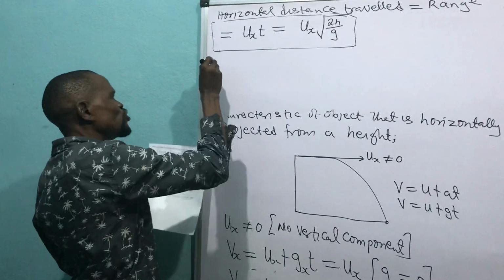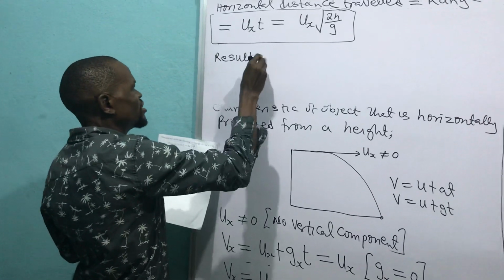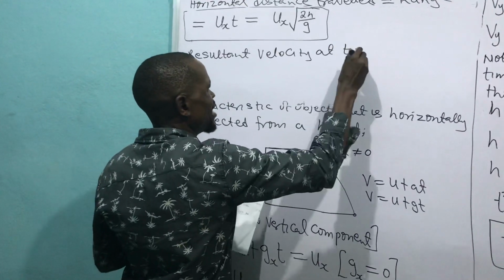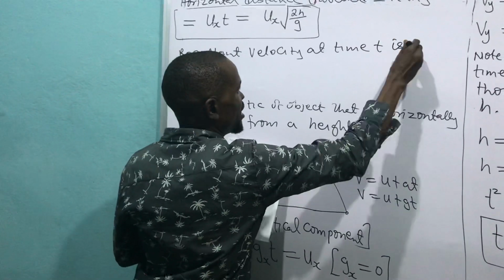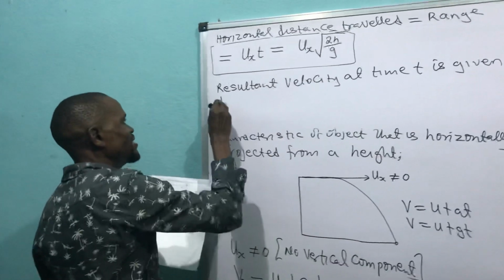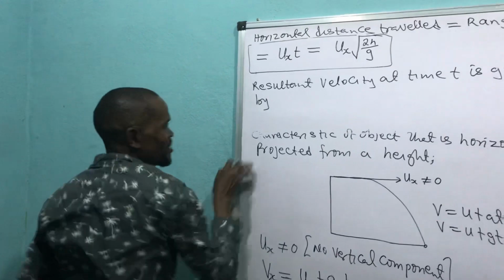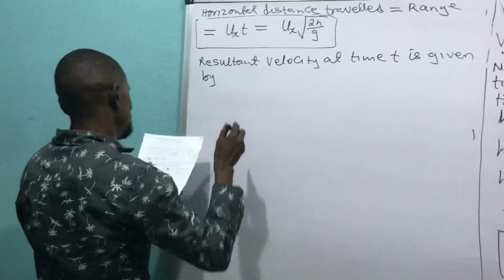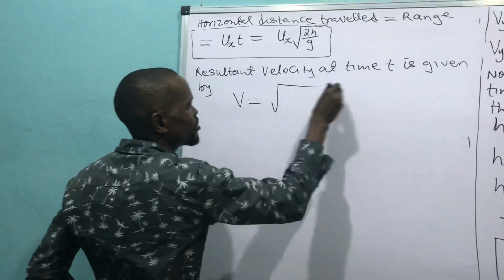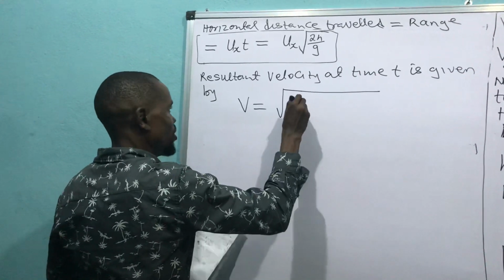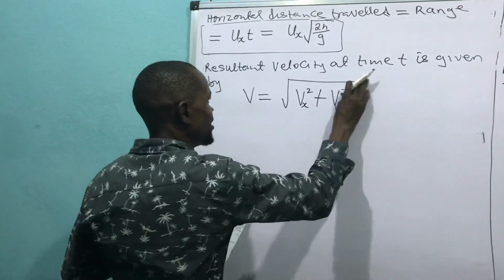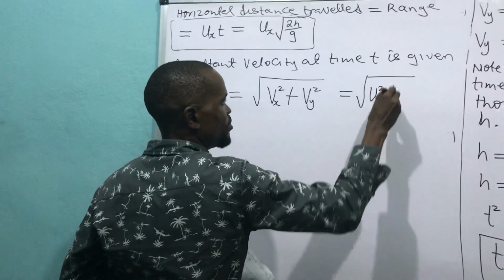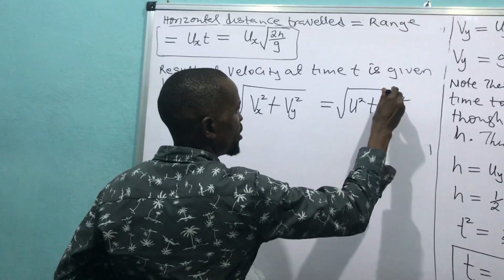Then now, I have again that the resultant velocity at time t is given by v equals the square root of vx squared plus vy squared, and this is the same as the square root of u squared plus gt all squared. Why did I say that?